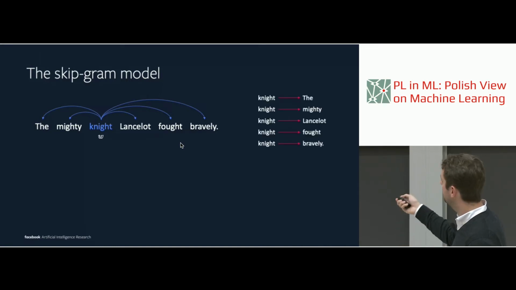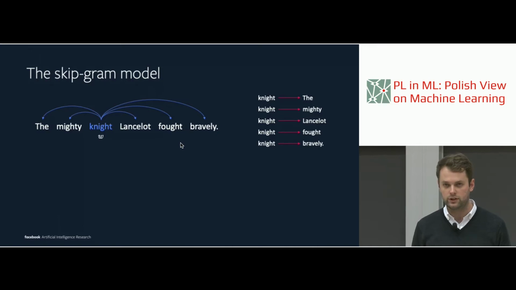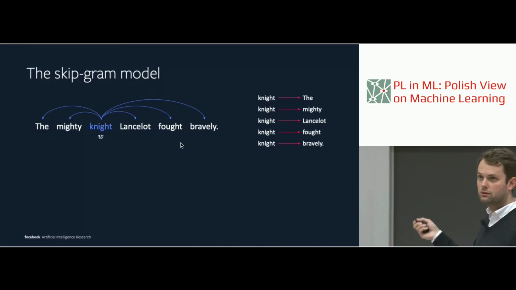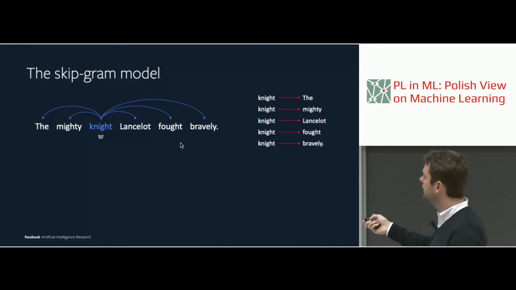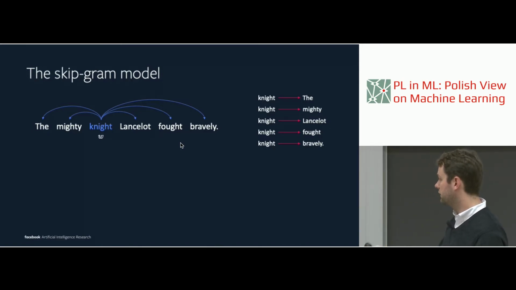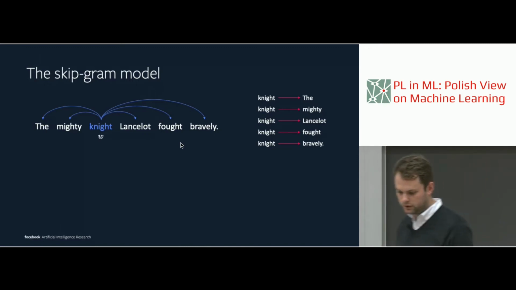So you have like 5 independent predictions here, and this looks a bit like language modeling, and that's why I was saying that there is a link between the two. But it's not about predicting the next word given the past, it's about predicting the context given one word.